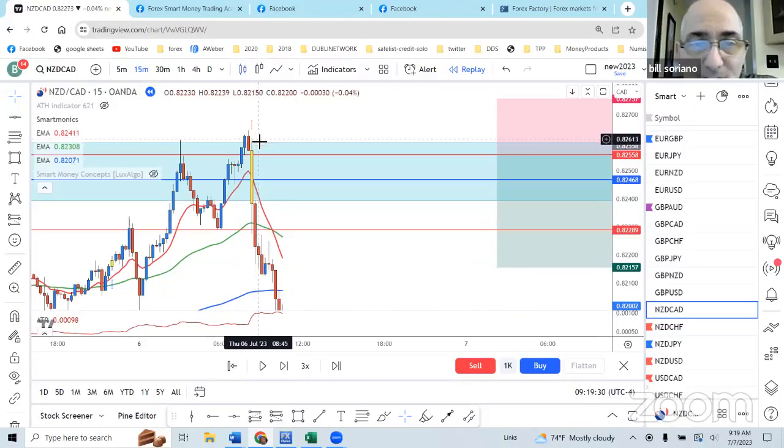It doesn't leave much imbalance because this shift candle here also wicks up, but there's a little bit of imbalance up there. Okay, we get a second confirmation now with this shift candle. And then the FVG entry would be there. But anyway, we put our entry right at the wick of this blue candle here. That's the beginning of the order block. Okay, let's just see what happens here.